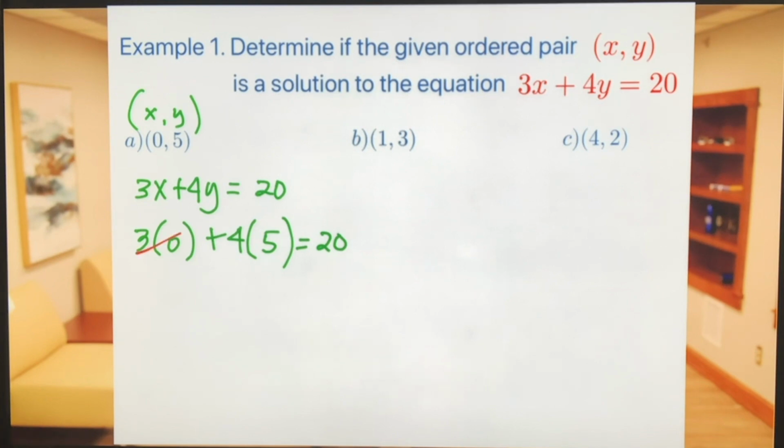So this is 0 plus 4 times 5, which is 20, equals 20. So this is a true statement, and we say that the ordered pair is a solution to the equation. The interpretation of this is, when we plot the point 0, 5, this point lies on the line.